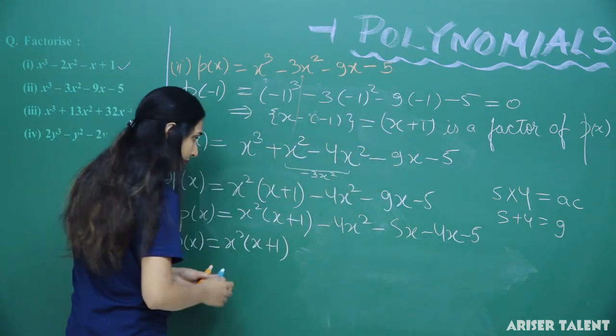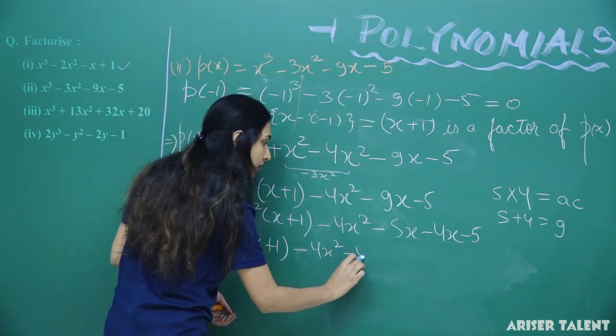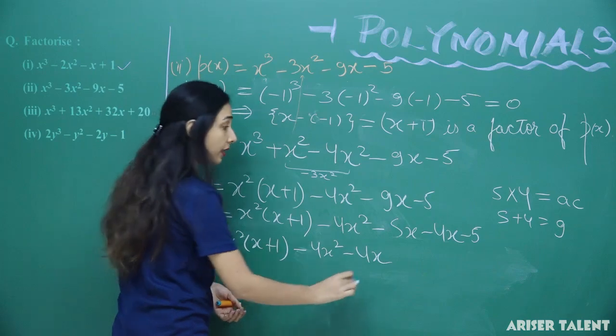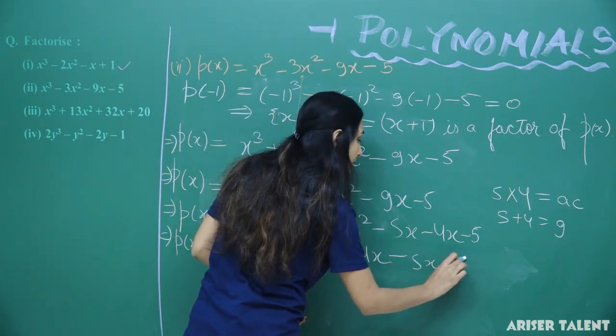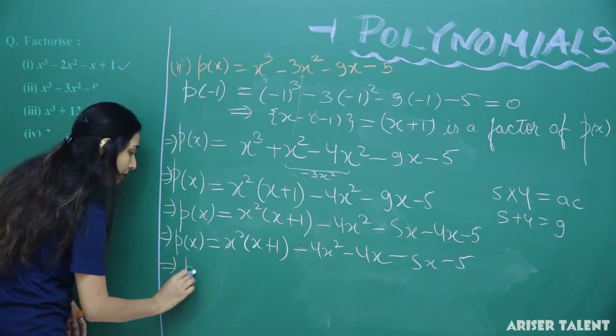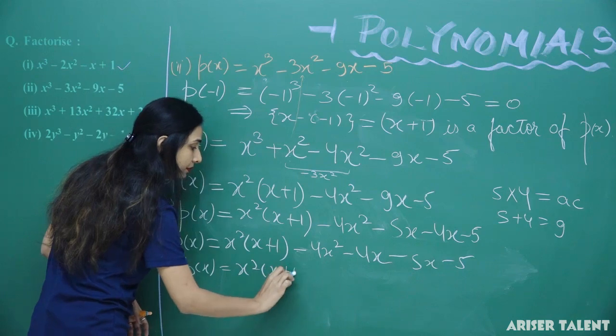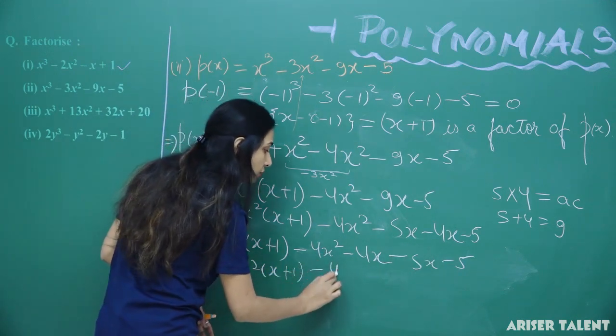Or else what you can do is the second thing, you can do it like minus 4 of x square minus 4x, minus 5x minus 5. I have rearranged it. That will be P(x) equals to x square into x plus 1, minus 4x common.